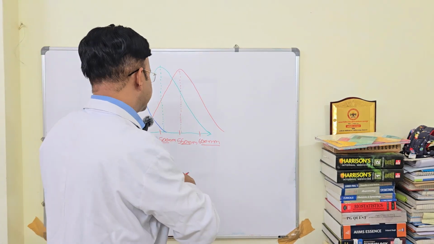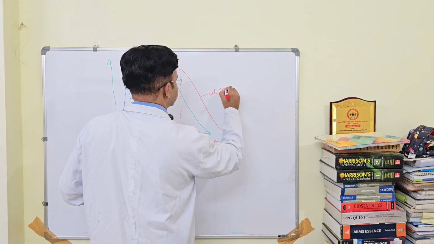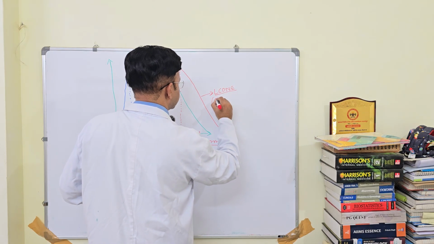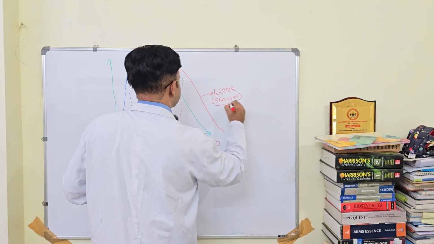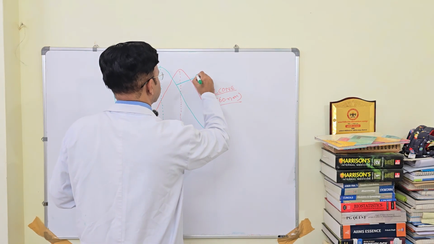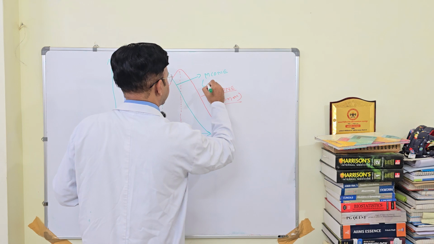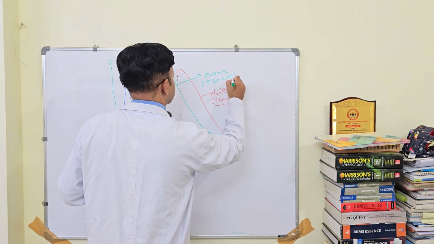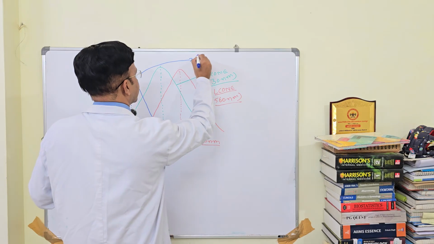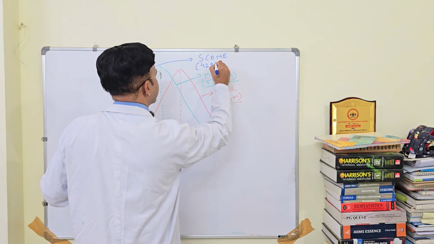So our L cone, also called red cone, is at 560 nanometer; our M cone, also called green cone, is at 530 nanometer; and our S cone, also called blue cone, is at 420 nanometer.